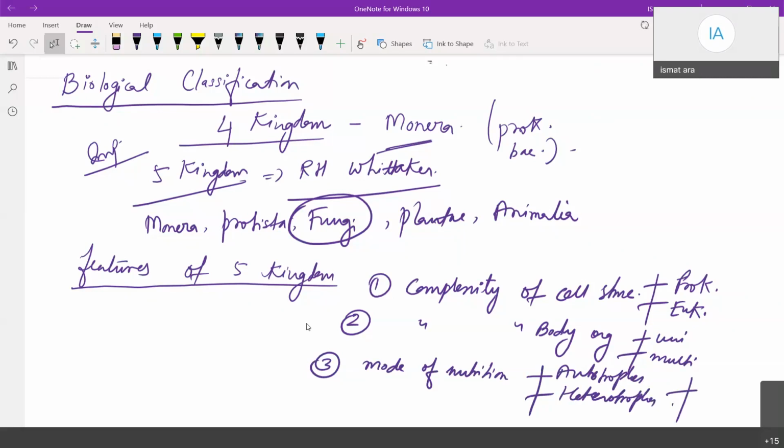In heterotrophs, three organisms are there: parasitic, saprophytic, holozoic. This was the main criteria by Whittaker.